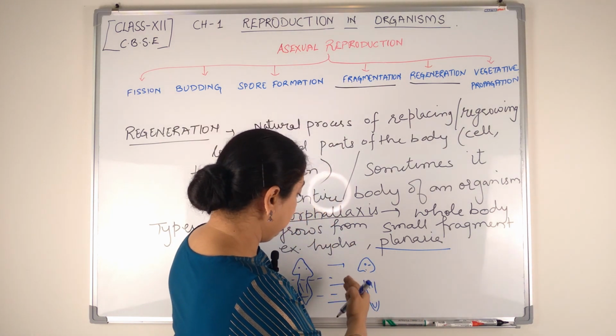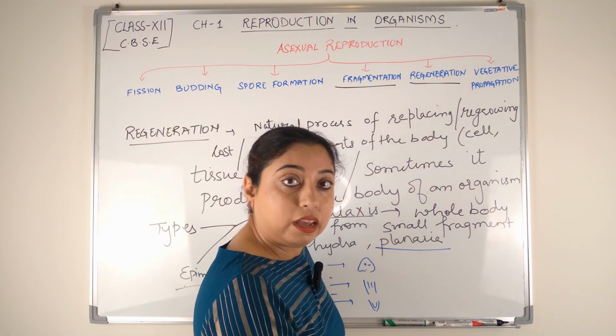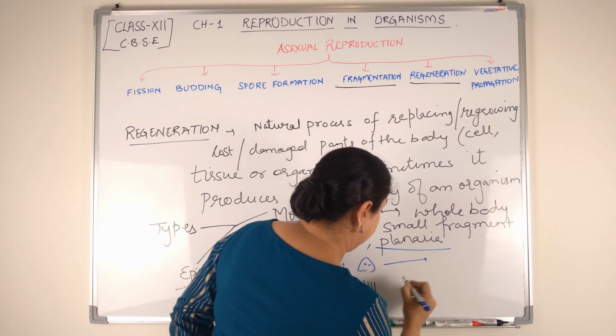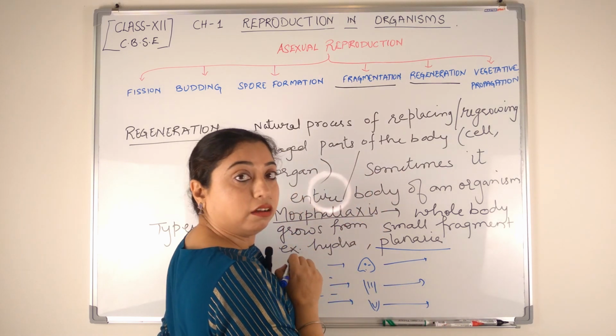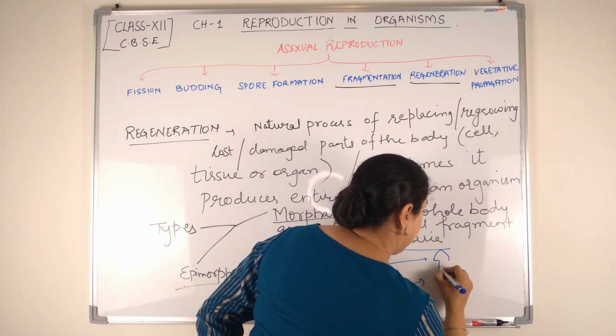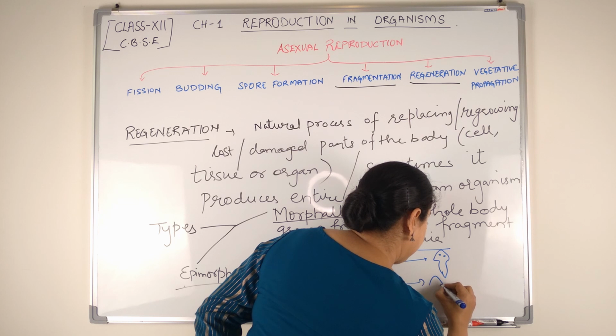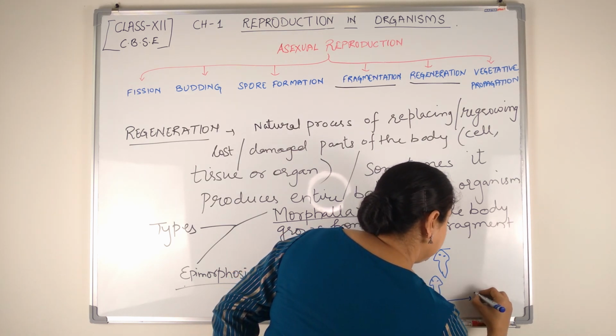So in this way, from a single parent, we will get how many new planaria? We'll be getting 3 new planaria. Okay, so it will be like this: 1, then 2, and 3.